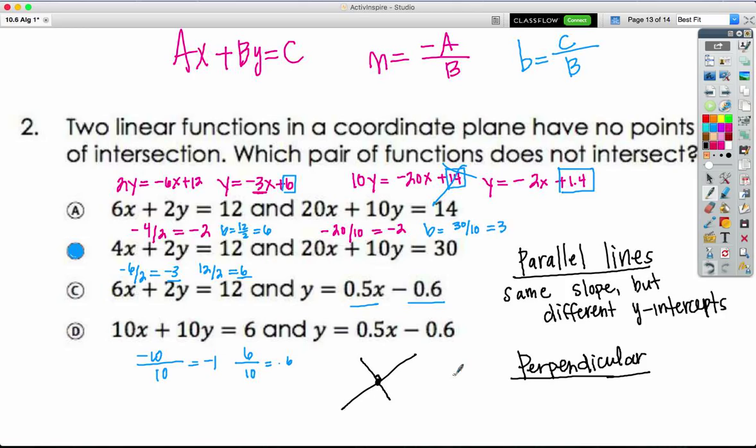Now, perpendicular doesn't mean all intersecting lines. Specifically, it's the ones that intersect and form 90-degree angles. So perpendicular lines have what we call negative reciprocal slopes.